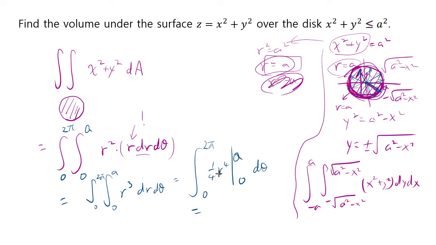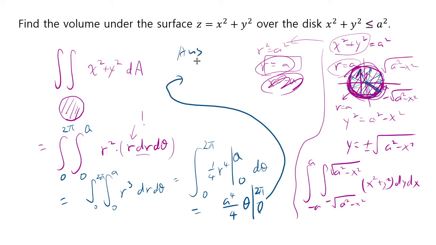That just gives you a to the 4th over 4. But because this is a constant, when you integrate by theta, you end up with just theta, and then you plug in 2 pi and 0. So at the end, this gives you the answer as a to the 4th over 4 times 2 pi, and 2 cancels, so it's pi a to the 4th over 2. That's the answer.